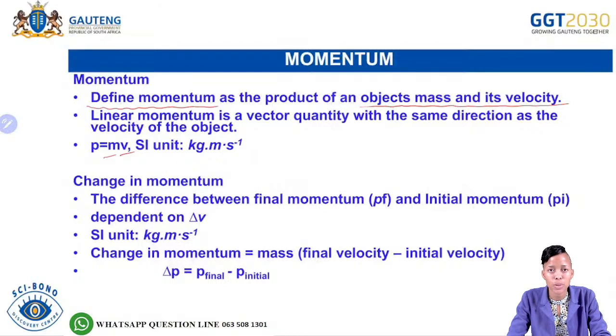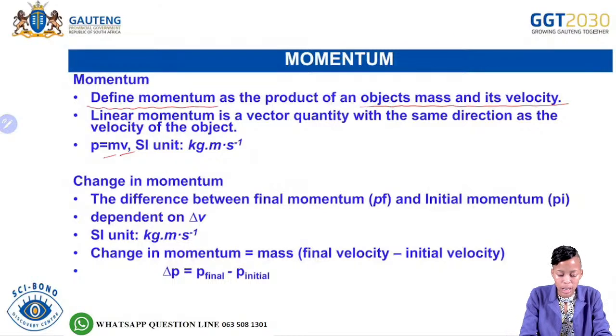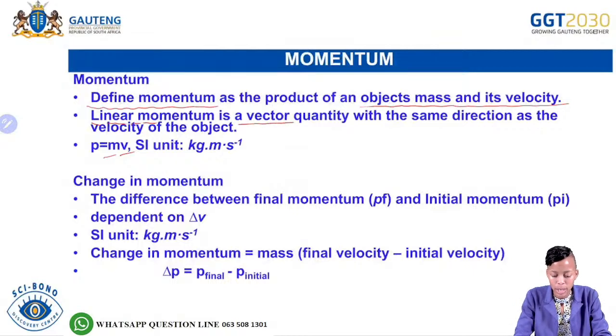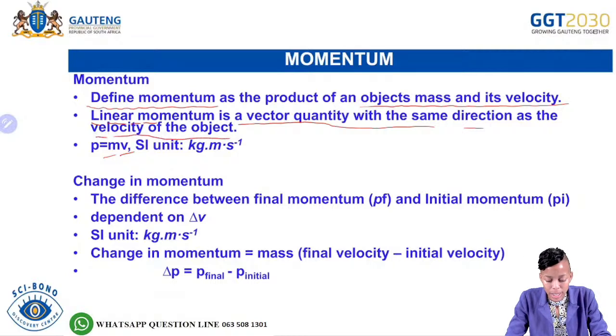Then we said linear momentum is a vector quantity. By the word linear, we said it means momentum on a straight line. So it says linear momentum is a vector quantity with the same direction as the velocity of the object. A vector quantity is a physical quantity which has both magnitude and direction.